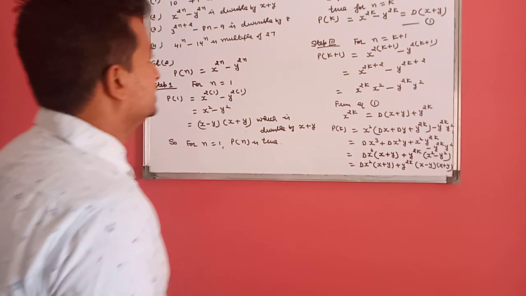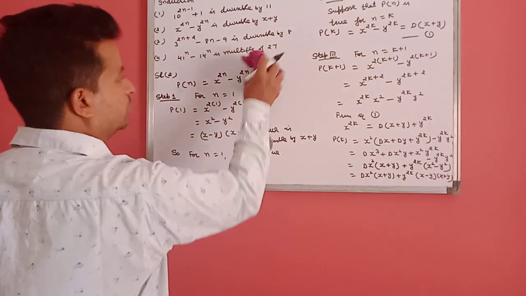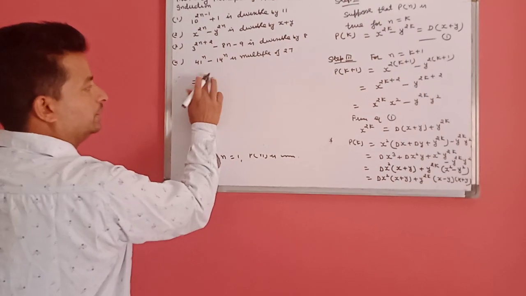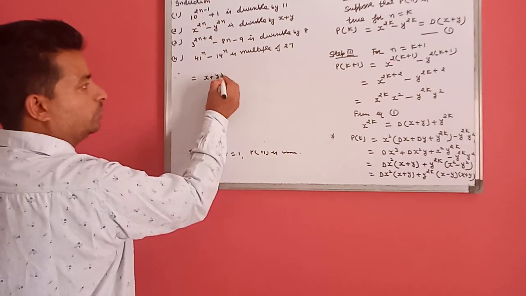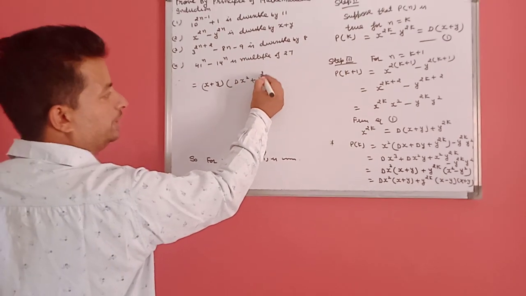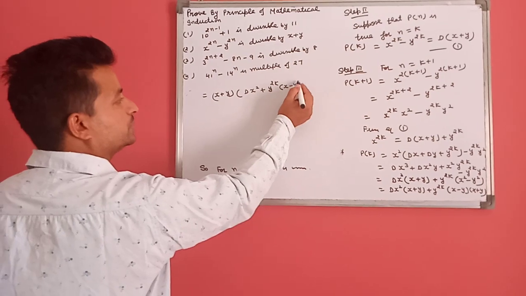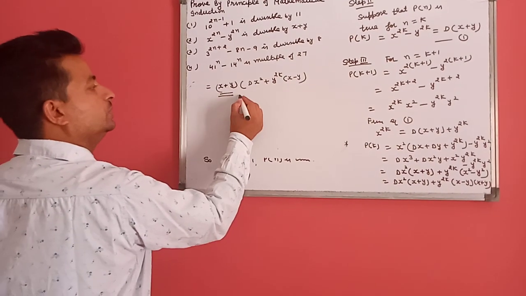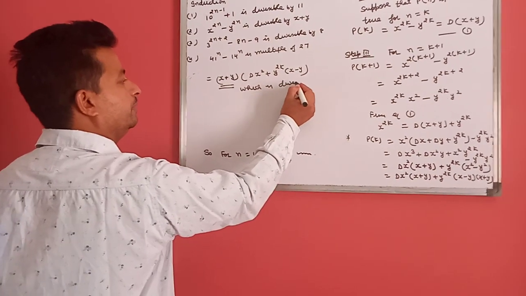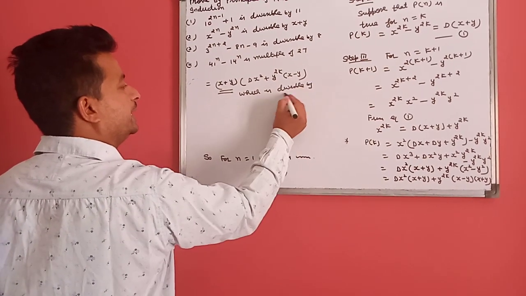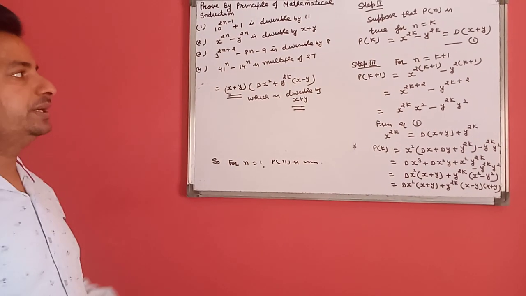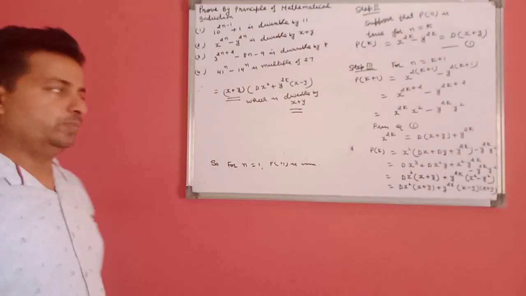So in this we take x plus y as common. This is d x square plus y^(2k) into (x minus y), with (x plus y) common, which is divisible by x plus y. Hence by the principle of mathematical induction it's true.